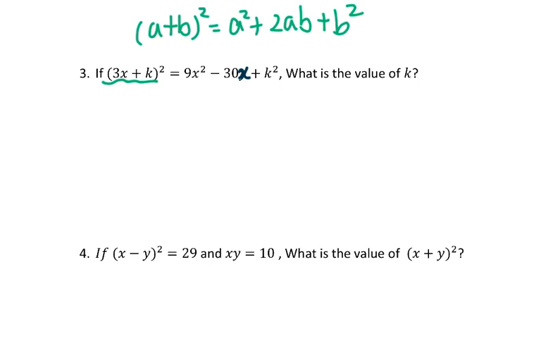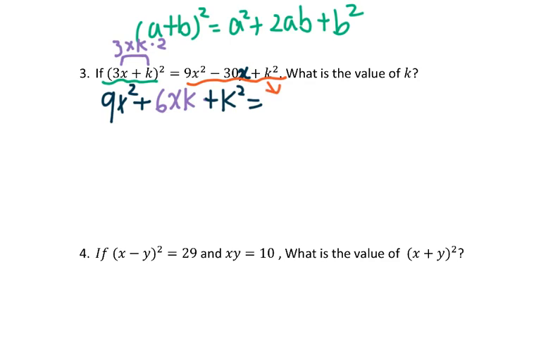So you will get 9x squared plus these two multiplied, that's 3xk, then multiply by 2, you will get 6xk, or 6kx, then plus k squared. It equals this one.